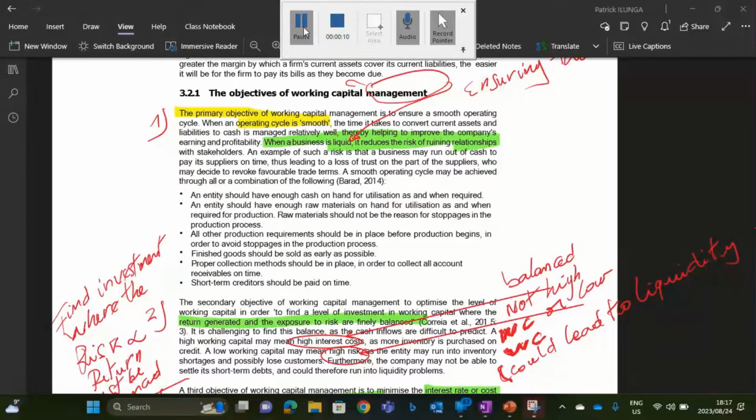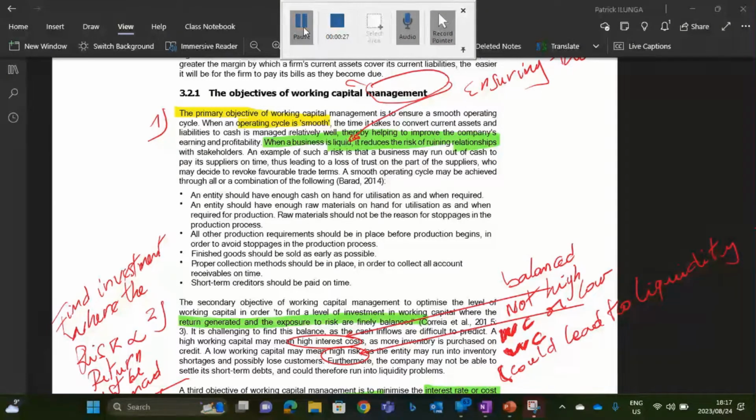The secondary objective of the working capital management is to optimize the level of working capital in order to find a level of investment in working capital where the return generated and the exposure to risk is finely balanced.